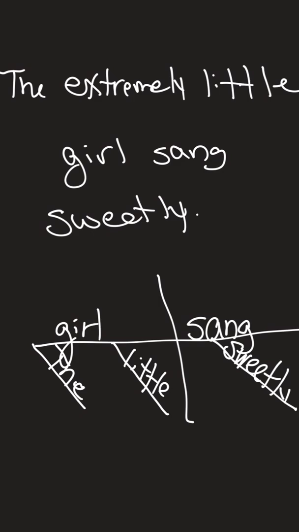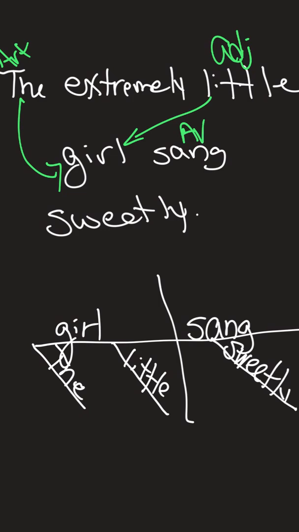Let's go ahead and I'm going to label my article that describes the girl, the adjective that describes the girl, and draw my arrows. My action verb. Sweetly is an adverb, and it tells us how she sang. I'm going to draw my arrows there. And notice we've got girl on the left because your subject always goes on the left. Sang on the right, your action verb always goes on the right.